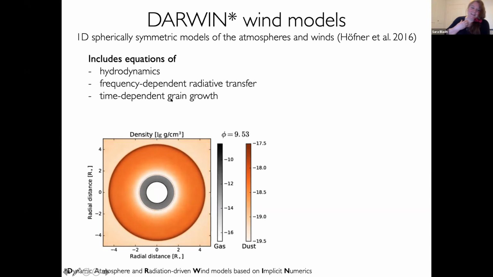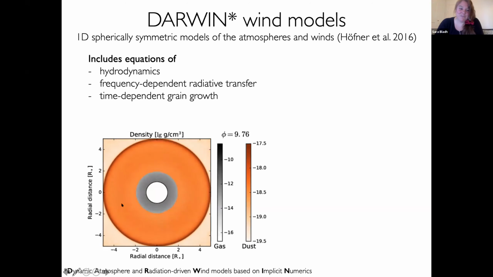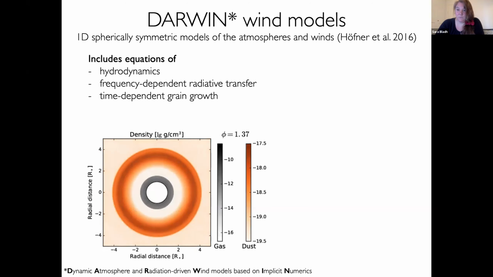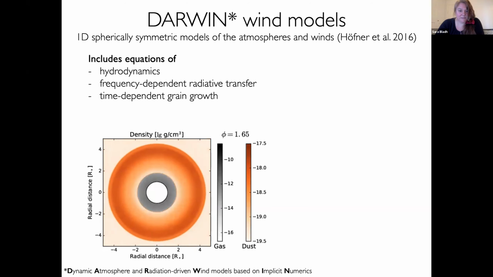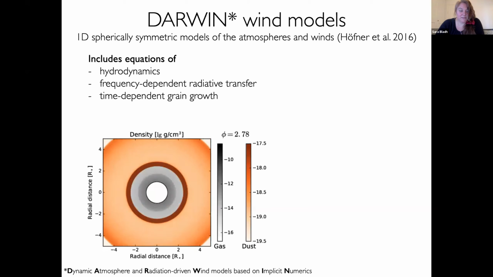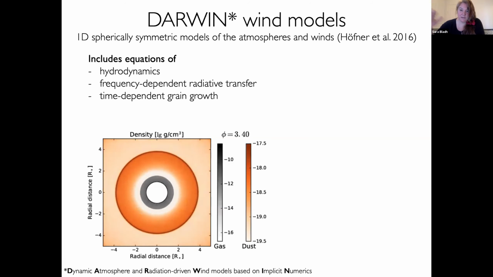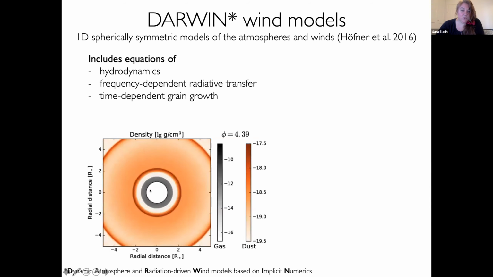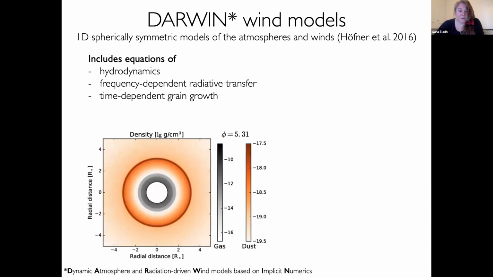So what you're seeing here, the movie that I'm showing, is a cross-section of a Darwin model. In this case, I think it's a carbon model. In gray is plotted the gas density, and overplotted in orange is the dust density.